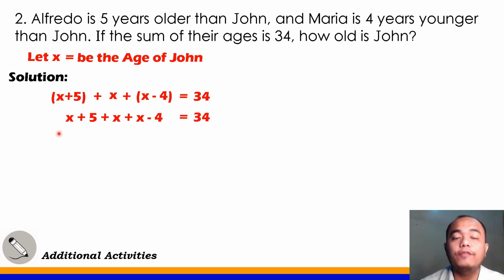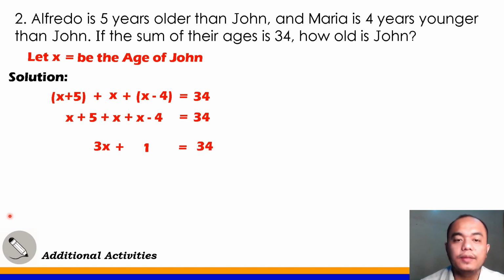Now, let's solve first the x here. So, x plus x, how much? Yes, that would give 3x. Yes, next, some more. Yes, plus 5 minus 4. How much? Very good, that's 1. And then equals 34.